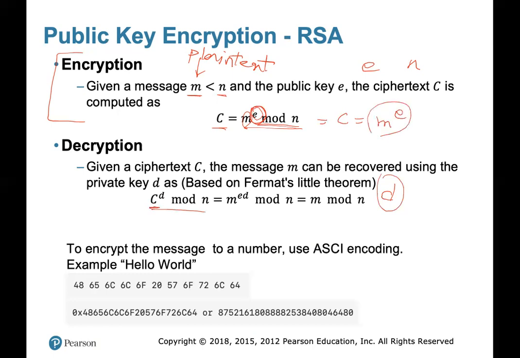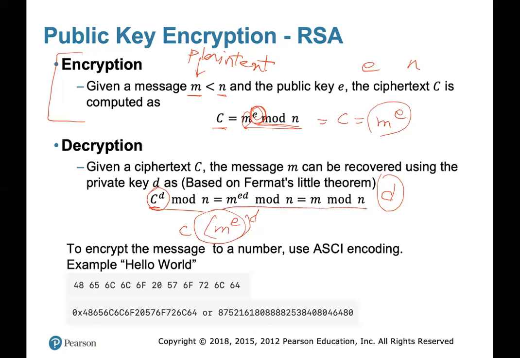So instead of C, we put m to the power of e, and I get m to the power of e to the power of d, because for decryption we take the ciphertext and take the power of d of it. So it's going to be m to the power of ed mod n.